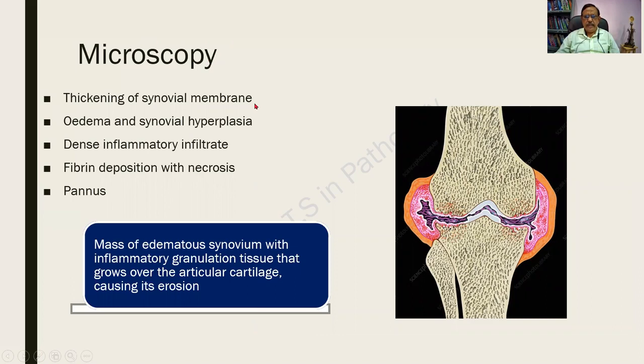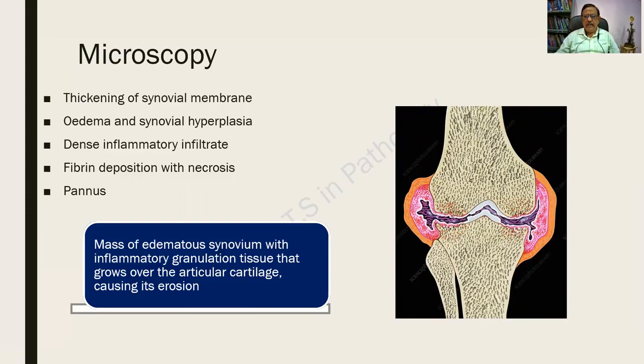There is a thickening of the synovial membrane, edema, and synovial hyperplasia. Synovium is a tissue, it has got layers, and hyperplasia means increased proliferation. There is a dense inflammatory infiltrate, both in the joints as well as in the joint space. Fibrin deposition and necrosis.